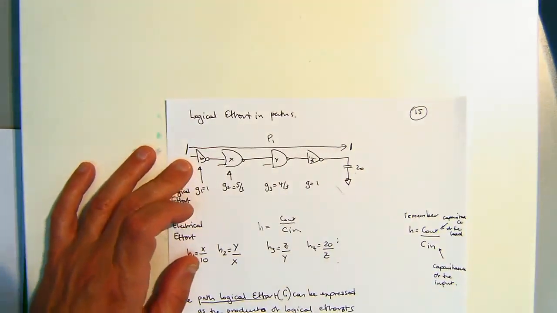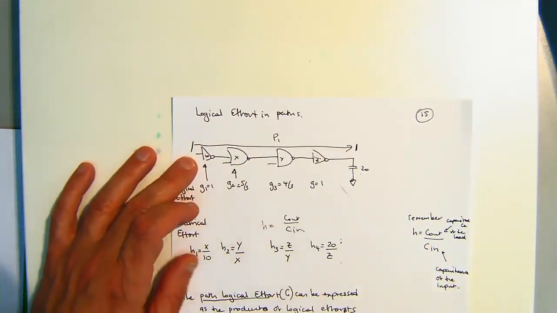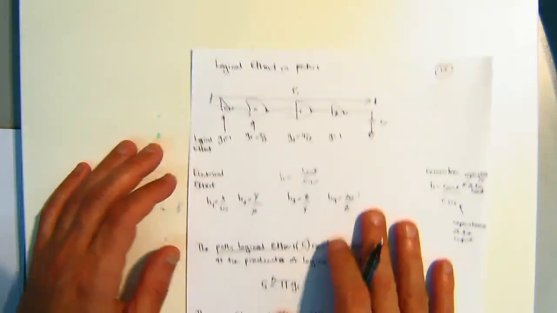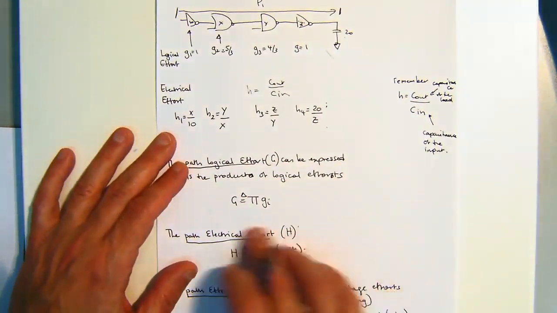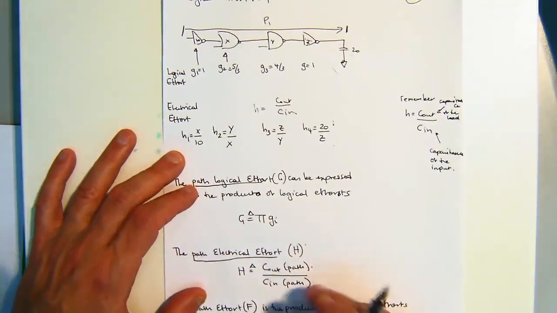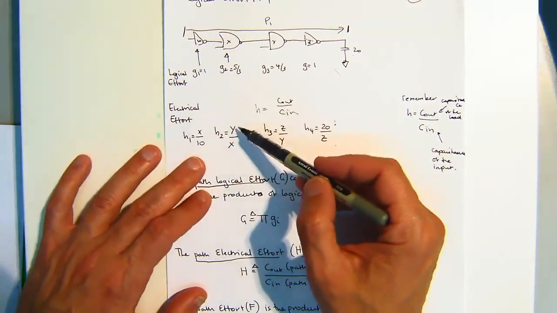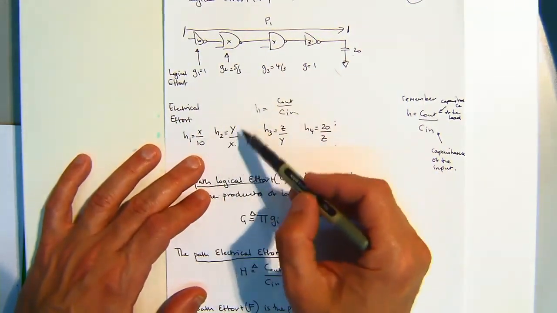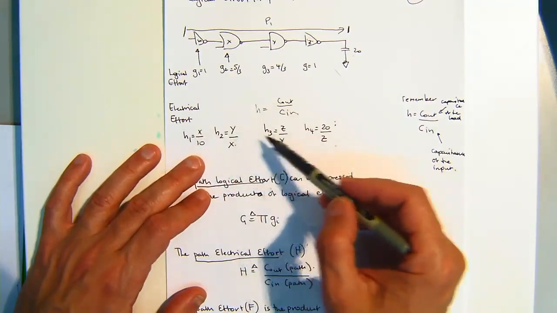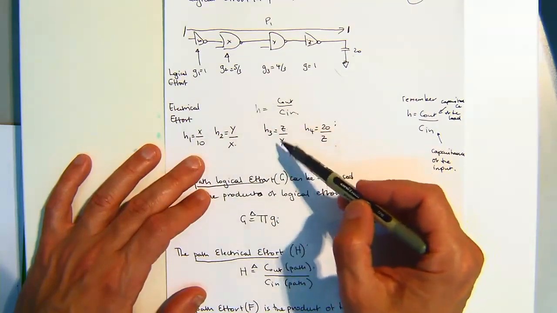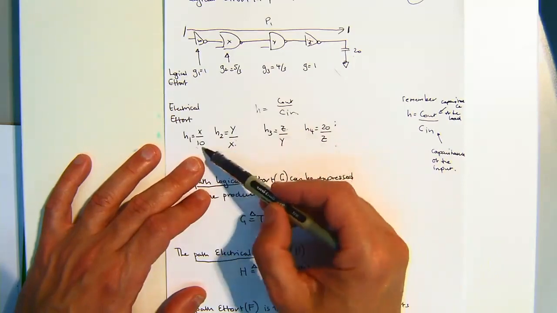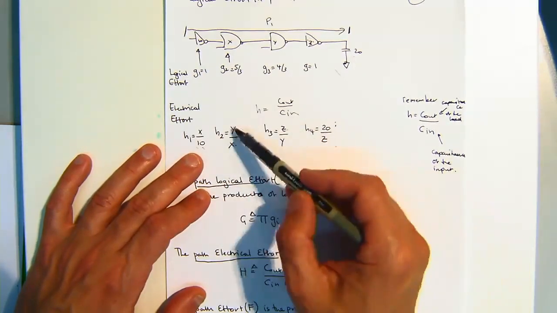You can convince yourself that that's going to be the case, because if you looked at this and worked out the product, you'd have x on 10 times y on x. The x cancels out. So you get y on 10, then z on y times y on 10 is z on 10, because the y's cancel out.